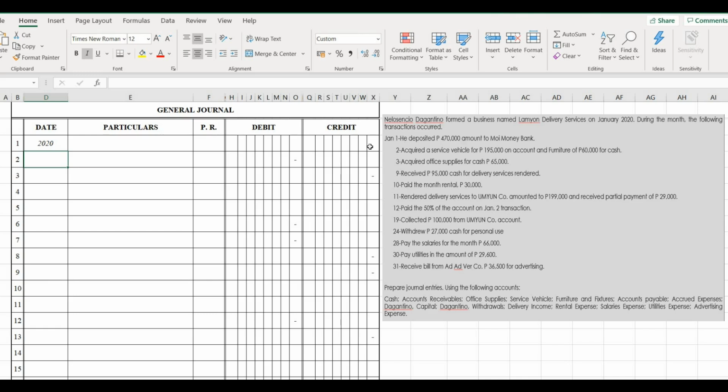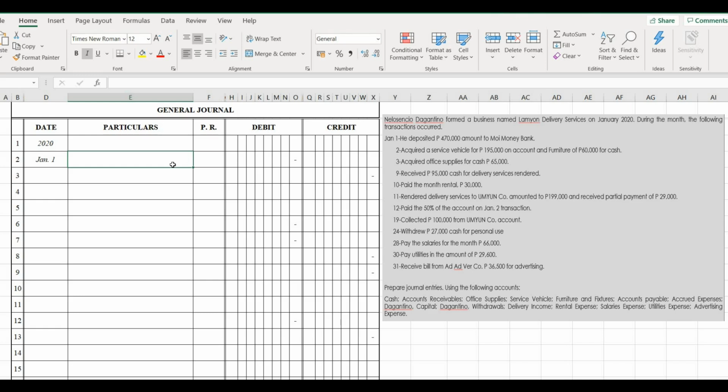So to record the transaction, what you have to do first is you write the year, then the date. The date is January 1. So you have Jan 1. Okay. And then in your particulars column, you have to write here the affected account titles. So what are the affected account titles for this transaction?